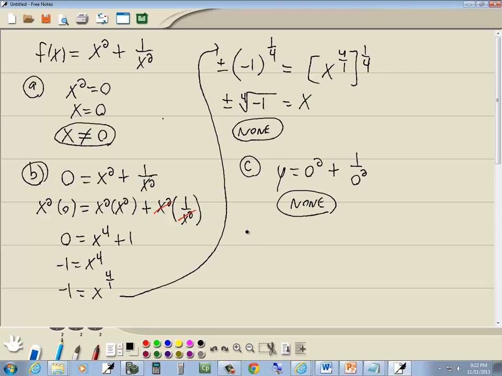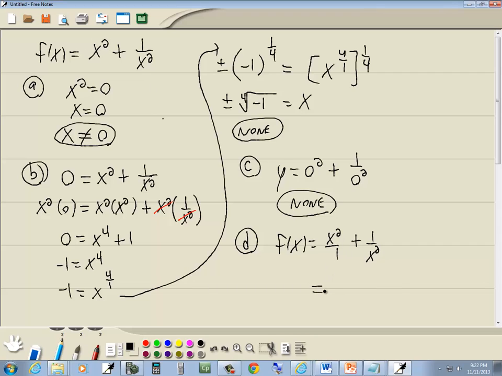Now D, vertical asymptote. Now if I see that I got a fraction here, I can merge these together into a single fraction. So we got f of x is equal to x squared over 1 plus 1 over x squared. I rewrote the x squared in fraction form by putting it over 1.